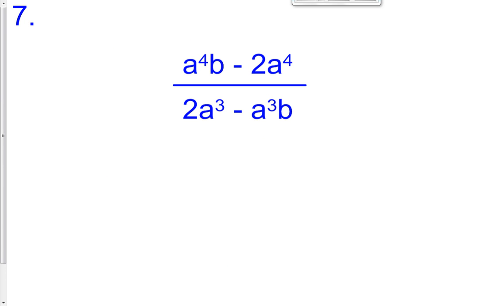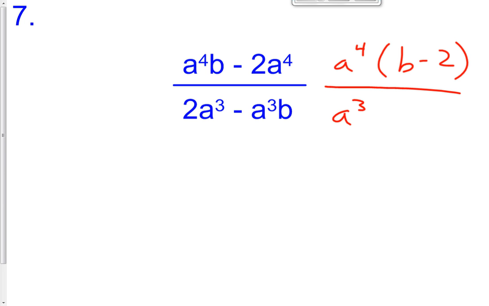On to problem number 7. Why don't you guys pause the video and try this one on your own. Once you try this one on your own, you found out that when you take out a GCF of a to the 4th in the numerator, you got b minus 2 as your other factor. A to the 4th and b minus 2. And then in the denominator, you took out a GCF of a cubed.